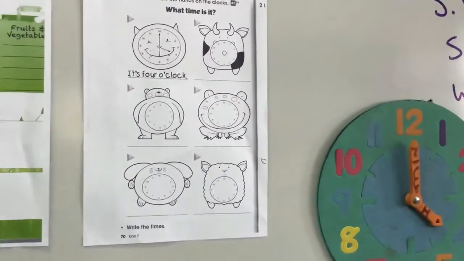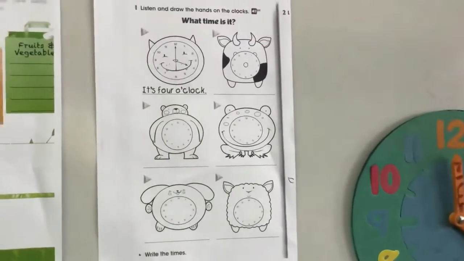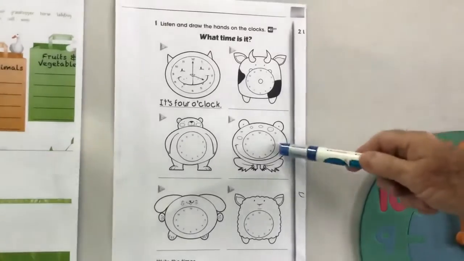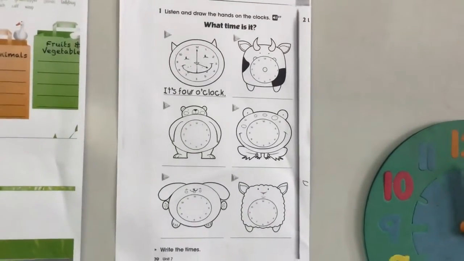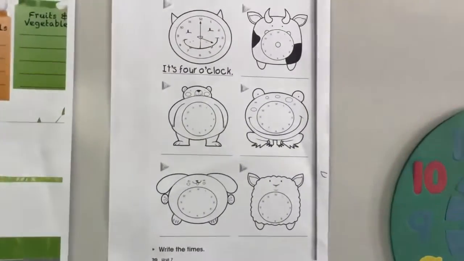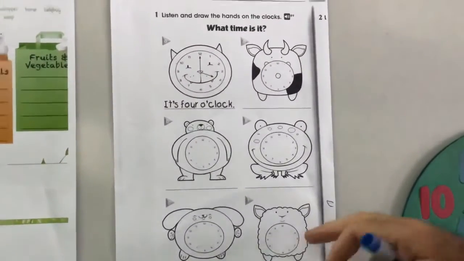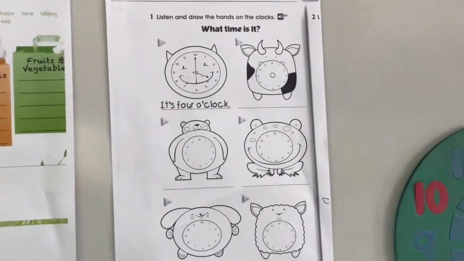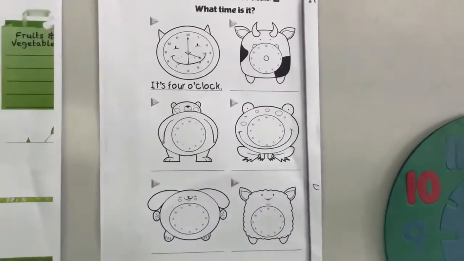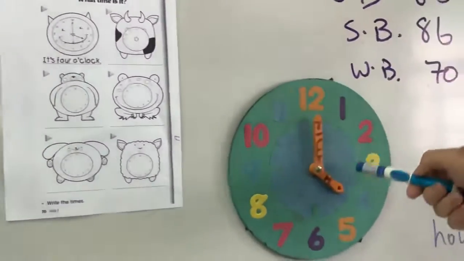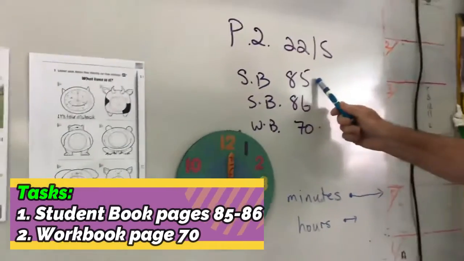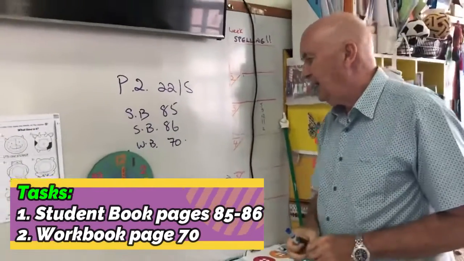For D, 12 o'clock. For E, 11 o'clock. And the last one is 2 o'clock. Okay? Don't forget the big finger must be at the top and the little finger points to the hours. So, student book 85, 86 and workbook 70.